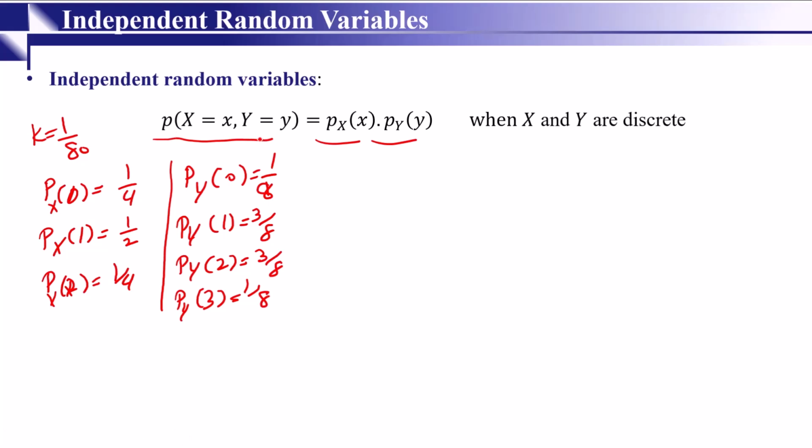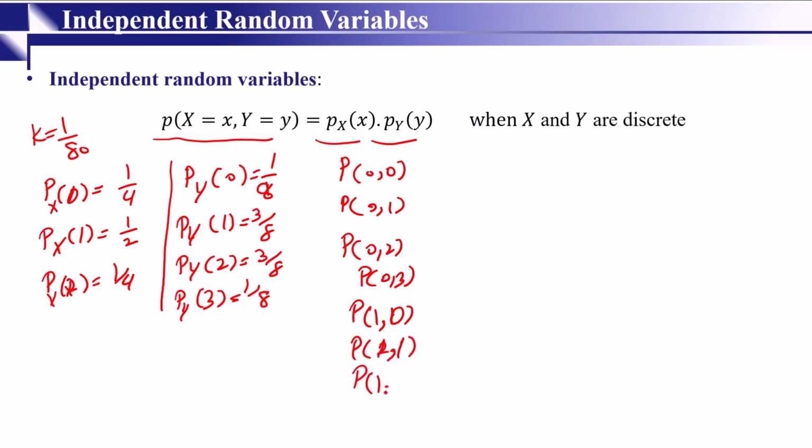It means the combination of all: P(0,0), P(0,1), P(0,2), P(0,3), then P(1,0), P(1,1), P(1,2), P(1,3), right?